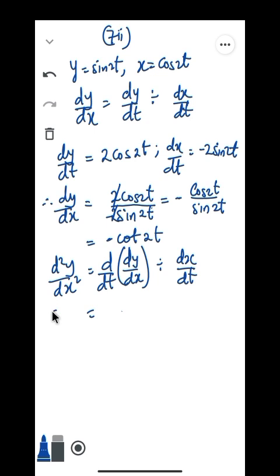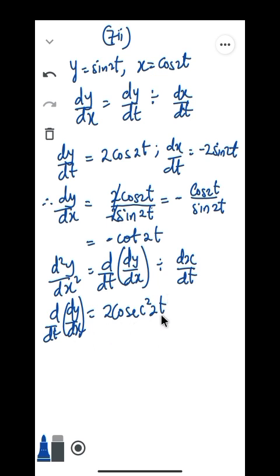And let's do that. So this is what we're differentiating here, negative cot 2t. And when you differentiate negative cot 2t, you should have cosec squared, I think this is 2 cosec squared 2t.